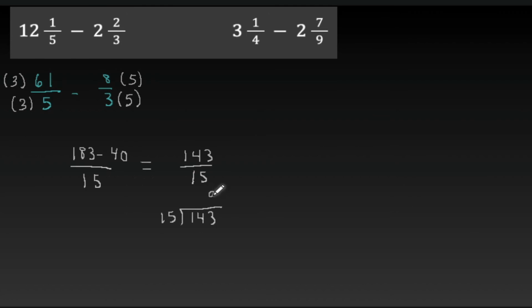That's 9 times. 9 times 5 is 45. 9 times 1 is 9, plus 4 is 13. And so 143 minus 135 is 8. So that means our answer here is 9 and 8/15.